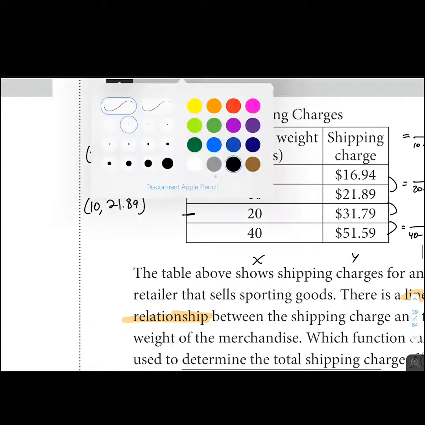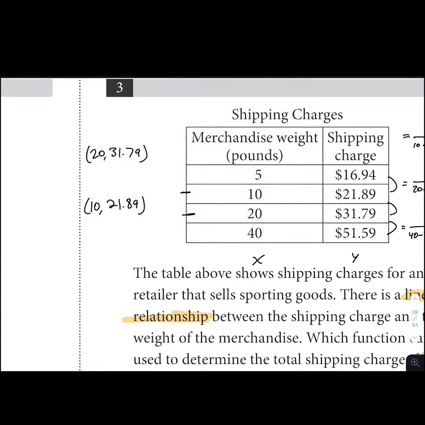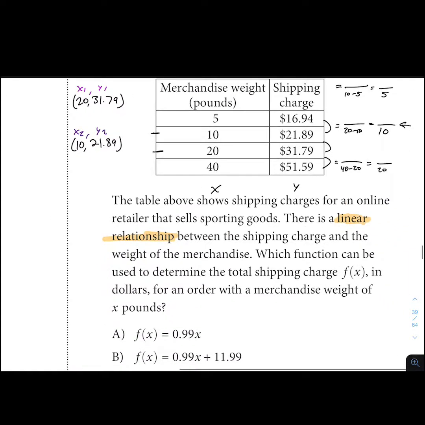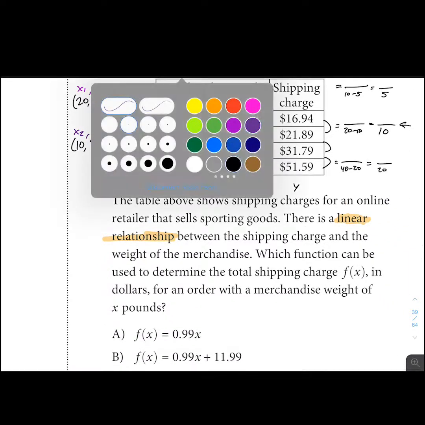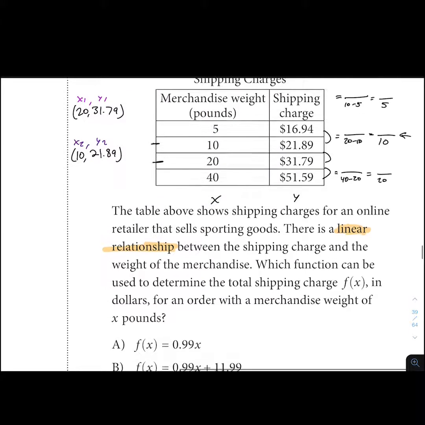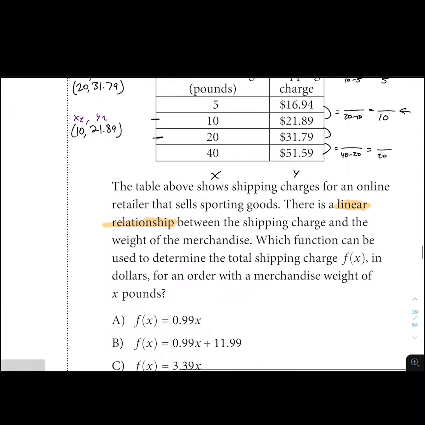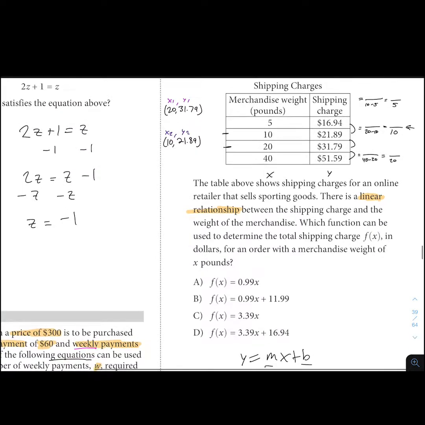Sweet. Doesn't really matter what's your x1 and x2. I'll just say this is x1 and this is x2, and I'll say this is y1, this is y2. Again, doesn't really matter. Just make up your mind. So when I do this, I'll have to do it here on the bottom. So it's going to be kind of tight.